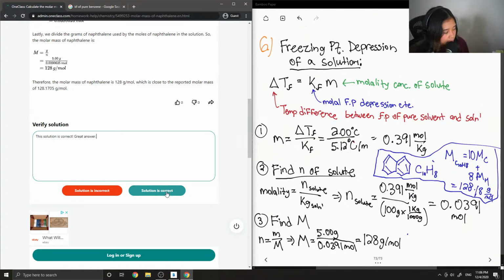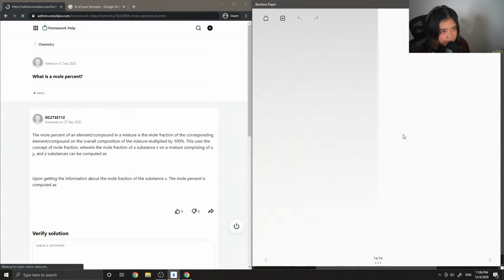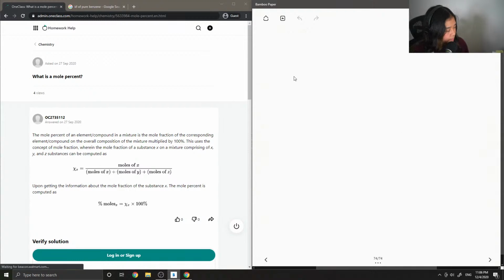Okay, so moving on to question number 7. It just asks, what is a mole percent? So mole percent, I'll write out the definition.